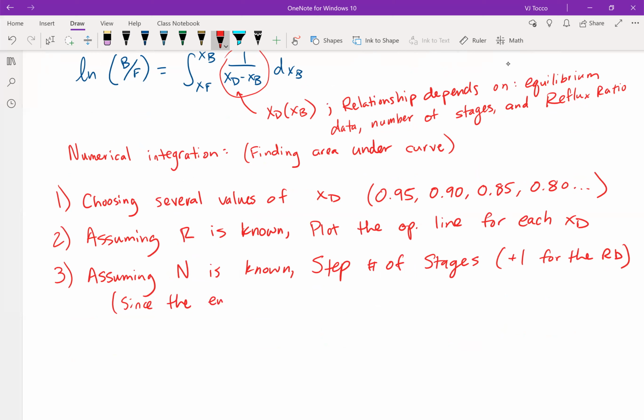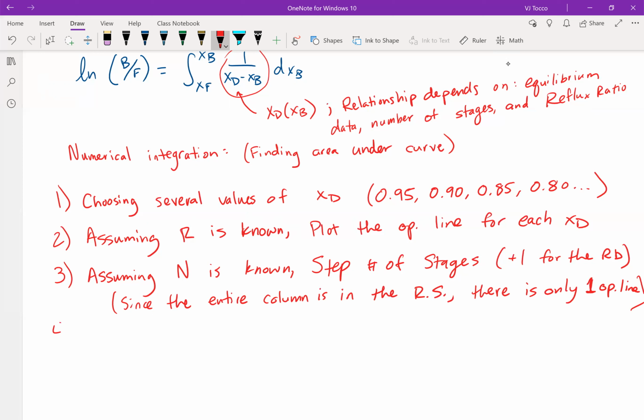The entire column, we say, is in the rectifying section. Only use the rectifying section operating line. There is only one operating line, so no feed operating line, no stripping section, and therefore no stripping section operating line.